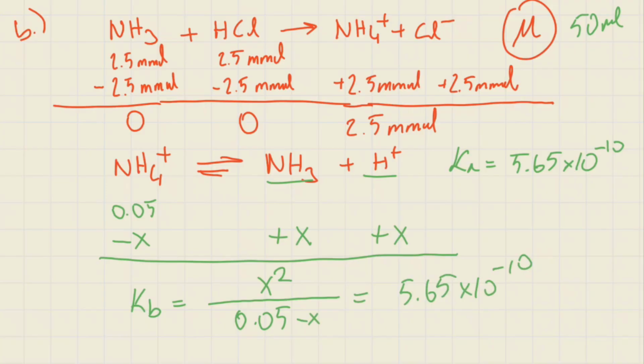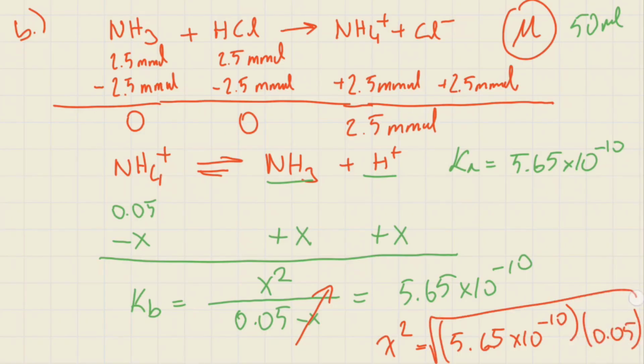So here we can neglect X since it is very small, and X squared will be equal to this times 0.05. Square root of this number, and it will be 5.31 times 10 to the minus 6.